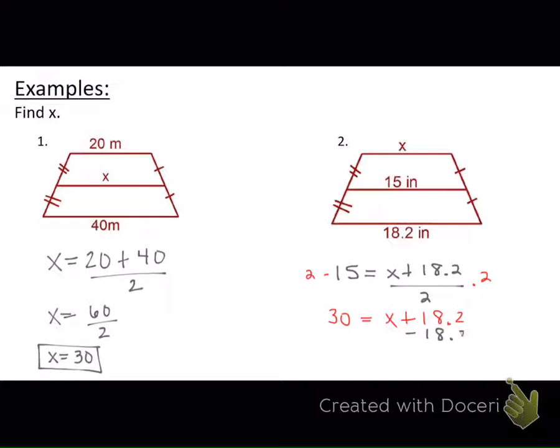What is 30 minus 18.2? Can somebody do that for me? So 11.8. Yeah, okay. So we know that that upper base is 11.8, and it would be in inches. I keep forgetting the units. Sorry, guys. So this one should be in meters.